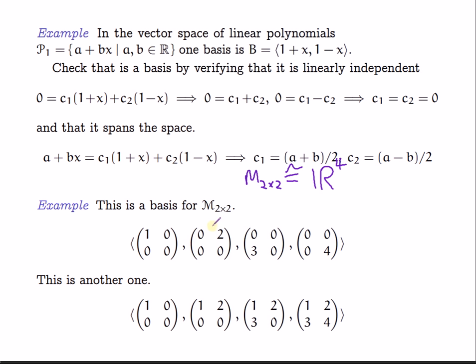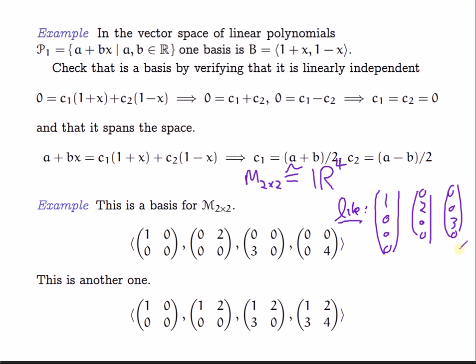I could identify this one with a 4-component vector 0, 1, 0, 0. I could identify this with 0, 0, 1, 0, and so on. So this is very much like (1, 0, 0, 0), (0, 1, 0, 0), (0, 0, 1, 0), and (0, 0, 0, 1). Don't have room to write it here, but I think you get this.